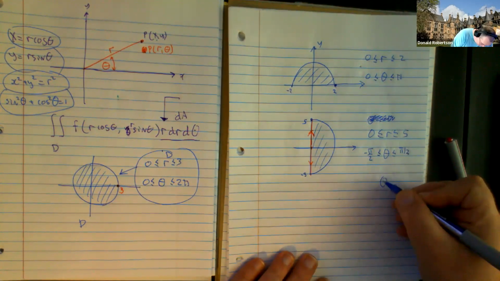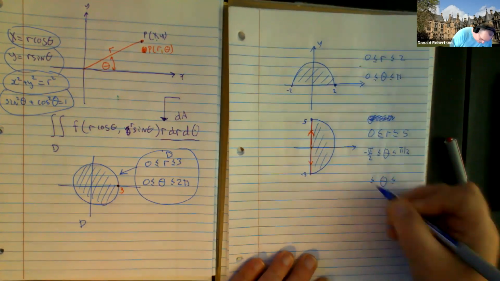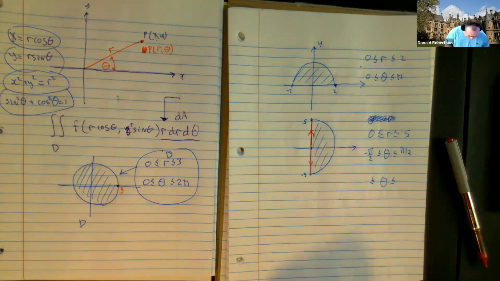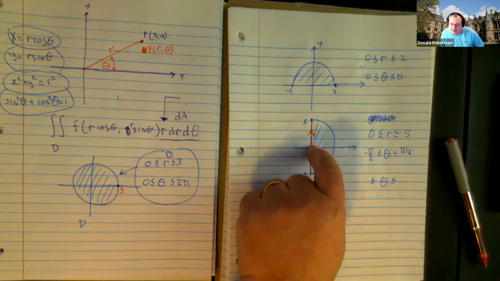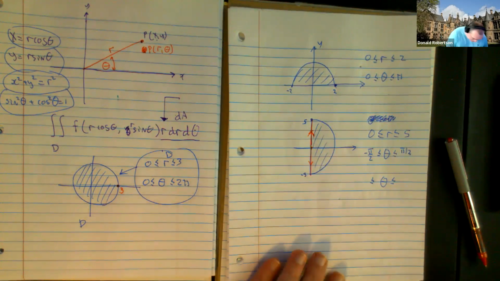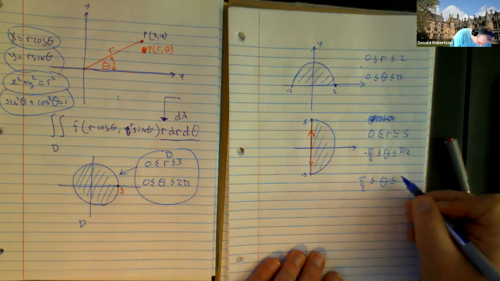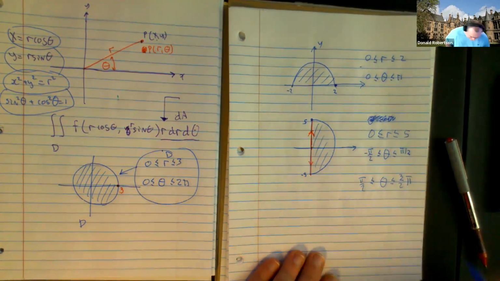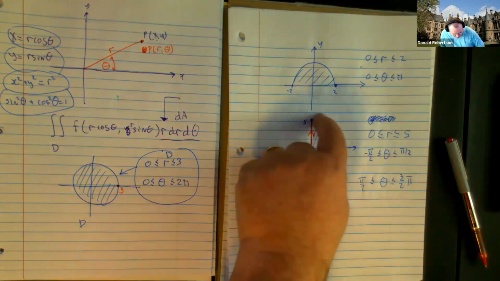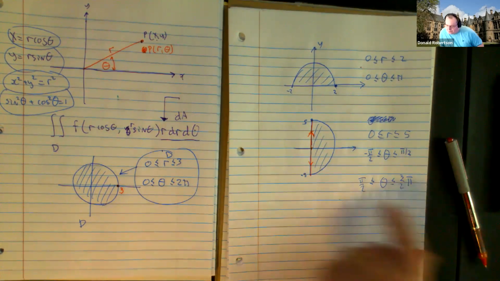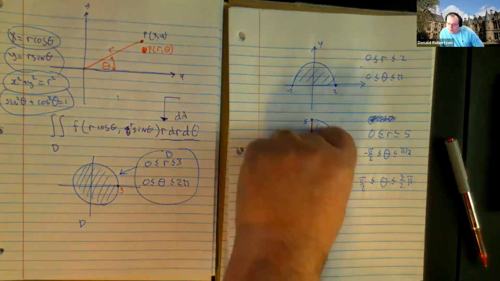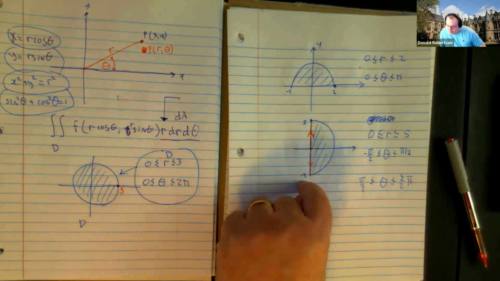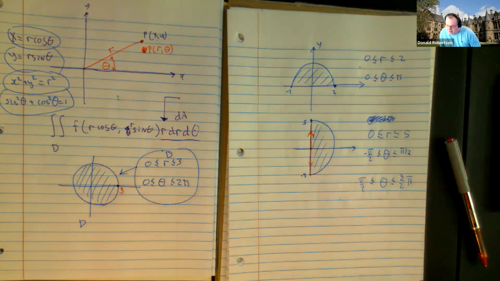Now, you might falsely write a different interval. A lot of people would just say, oh, that guy up there is pi upon 2, and that guy there is 3/2 pi. So pi upon 2 and 3/2 pi. That region is not him. I know this angle is pi upon 2, and if you go the positive way around, I know this angle down here is pointing at 3/2 pi.